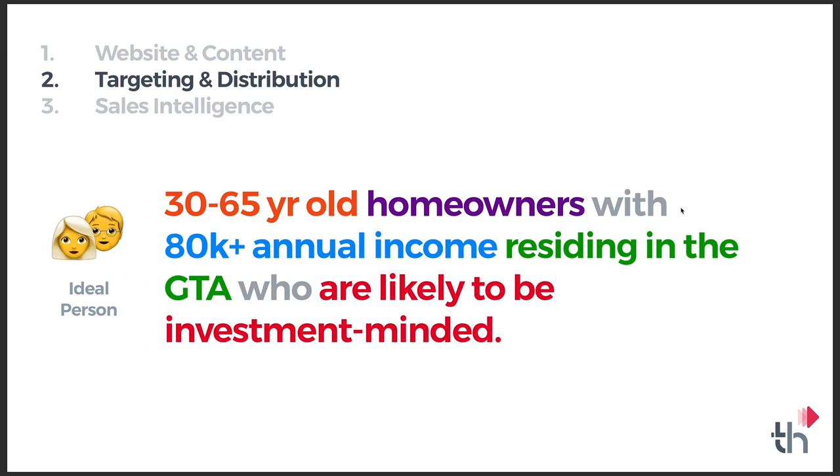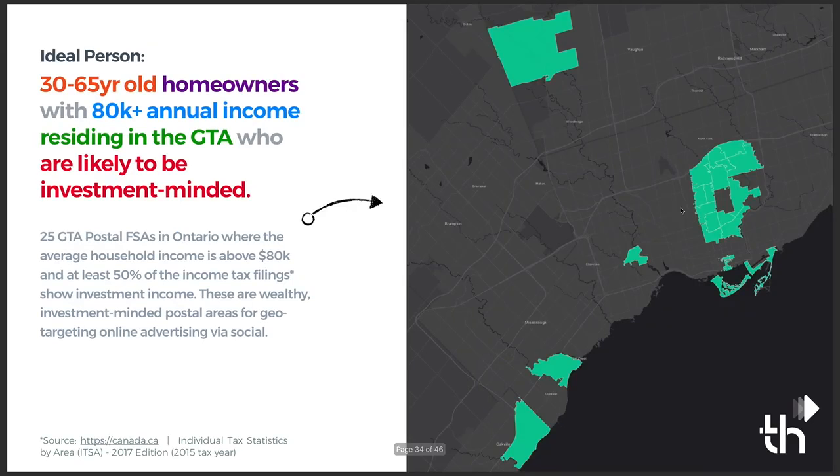And so in Taxil's case, a 30 to 65-year-old homeowner, so he's got to own a home, who makes at least $80,000 a year, resides within driving distance of him, which is in the Greater Toronto area, and who are likely to be investment-minded, this is a bonus, are probably good people for Taxil to pay money to be in front of. And so how do you get to this? How do you get in front of these people? What you're looking at here is what I showed you at the beginning of the presentation.